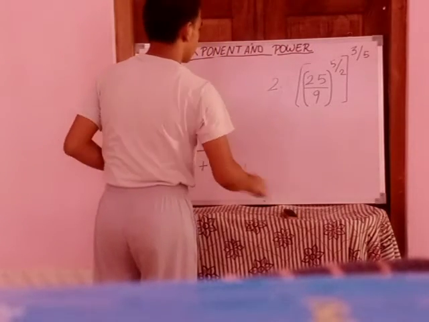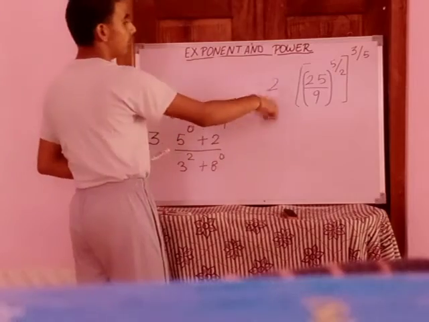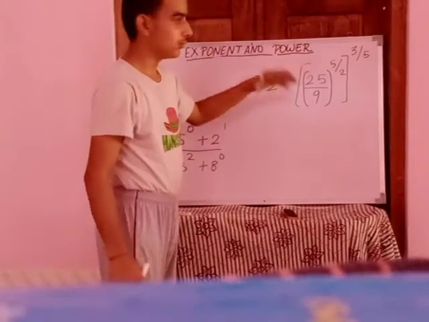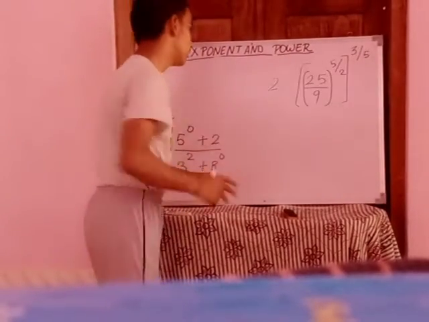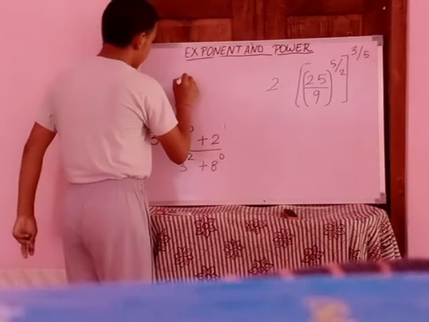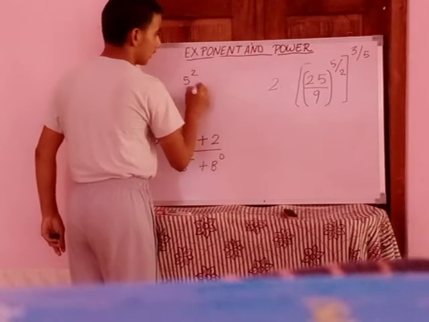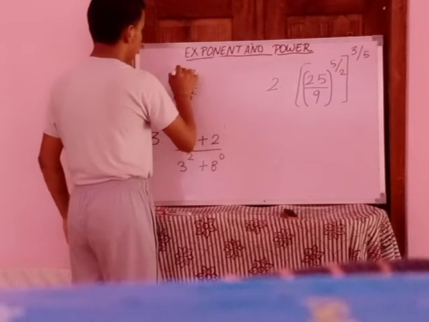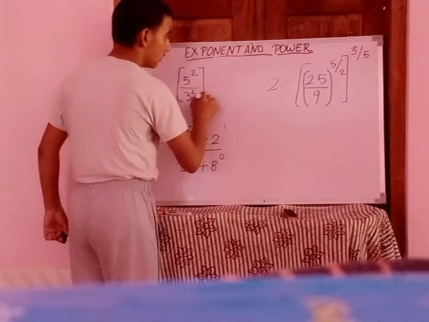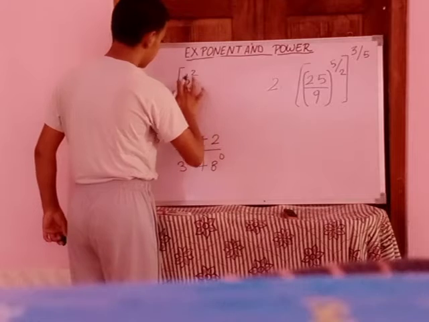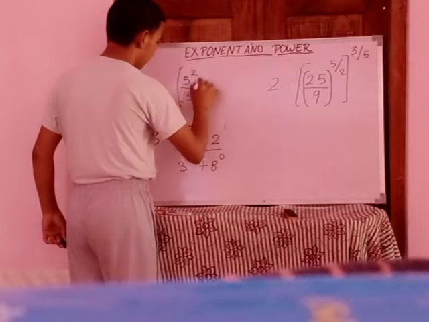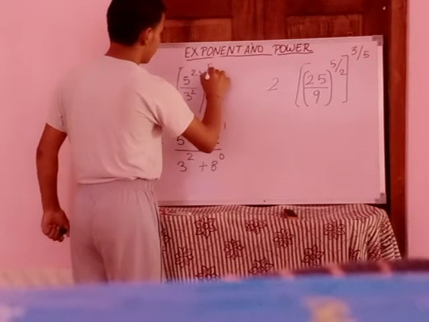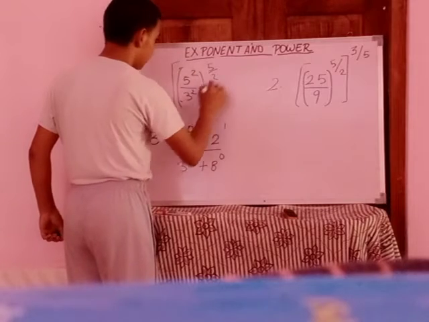Our second question is this: (25 upon 9) raised to the power 5 by 2, whole raised to the power 3 by 5. 25 can be written as 5 raised to the power 2 and 9 can be written as 3 raised to the power 2, and it is whole raised to the power 5 by 2 and whole raised to the power 3 by 5.